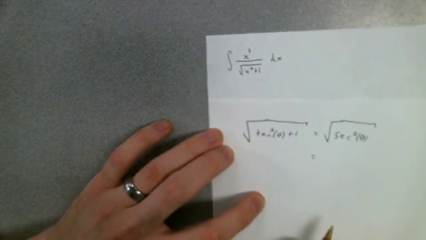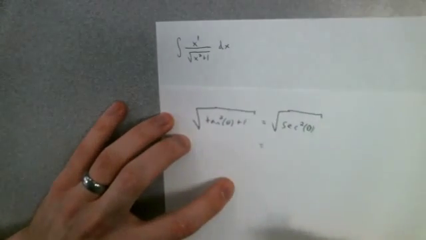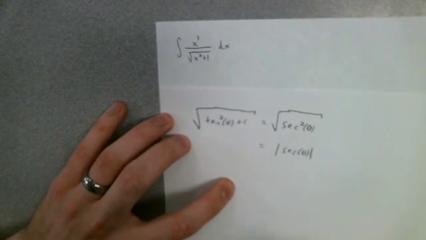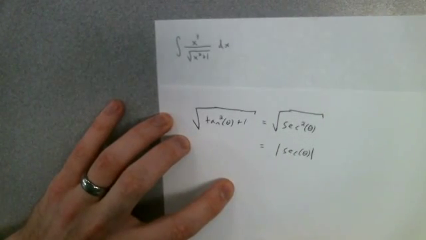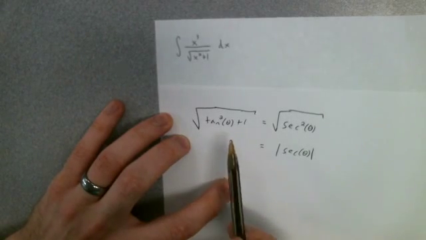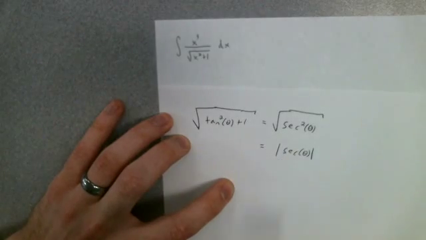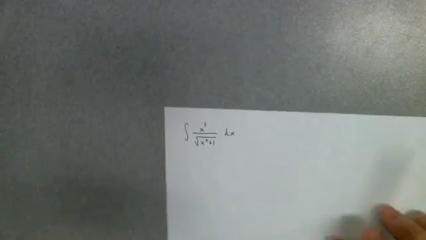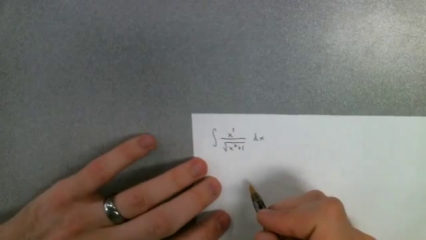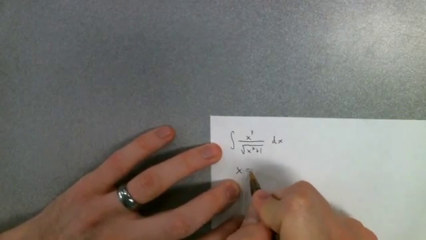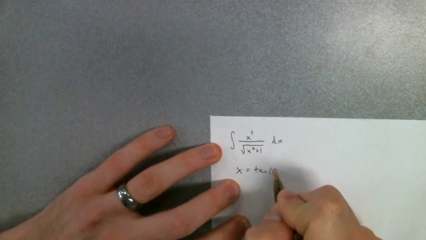The square root of secant squared would be absolute value of secant. So that would be awesome, because if we had tangent squared plus 1 under the radical, we could get rid of the radical. So I want to do this. I want to say, well, let's let x be the tangent of theta.